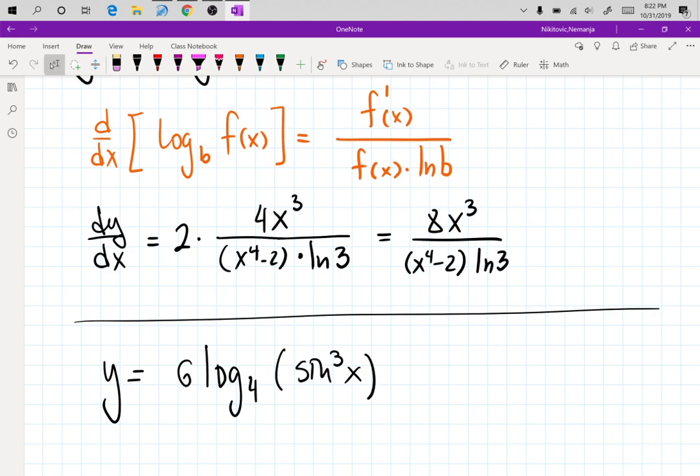This one is a little bit pricey, right? This one has a double tangle, but it shouldn't be impossible.